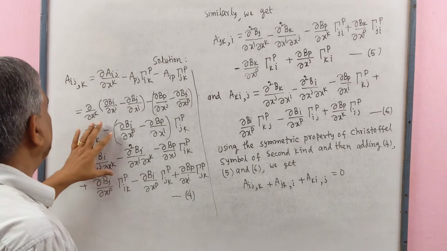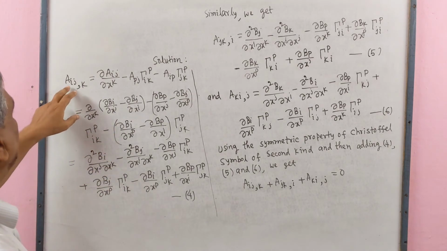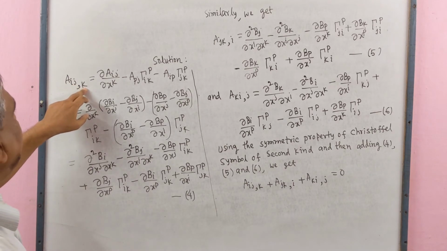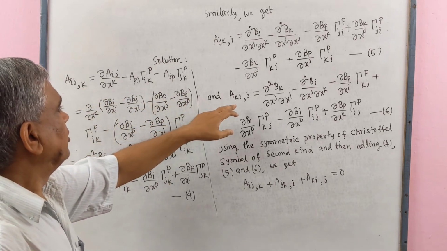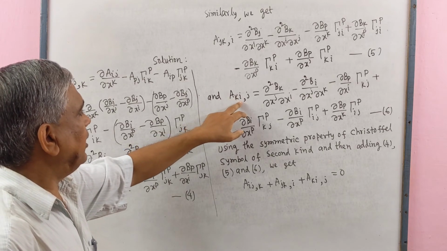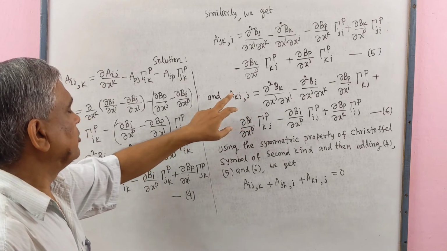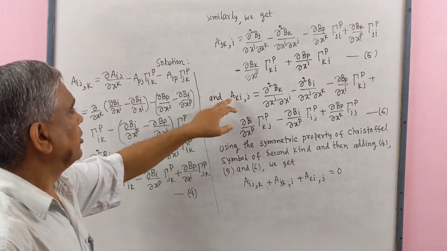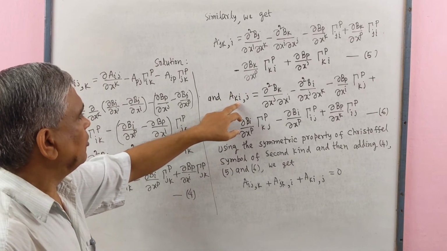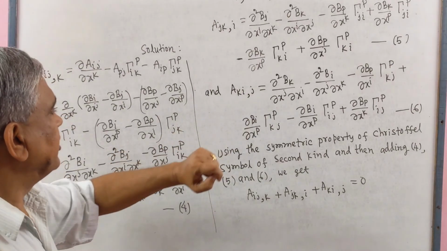Similar to this, in place of i we write j, in place of j we write k, and in place of k we write i. Similarly, we may get a_ki,j, that is the covariant derivative of the covariant tensor a_ki with respect to x_j.